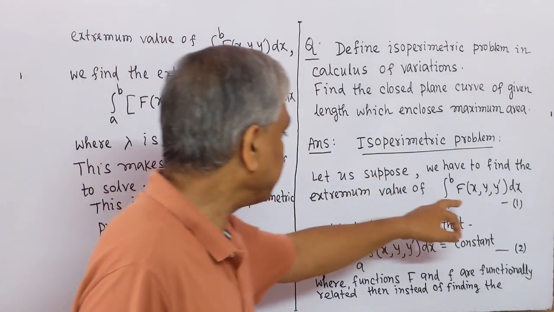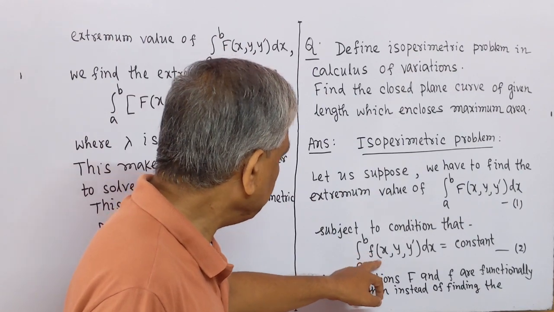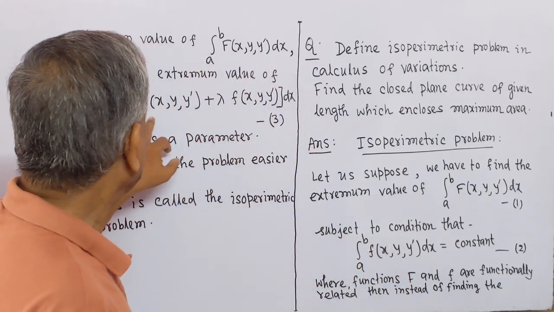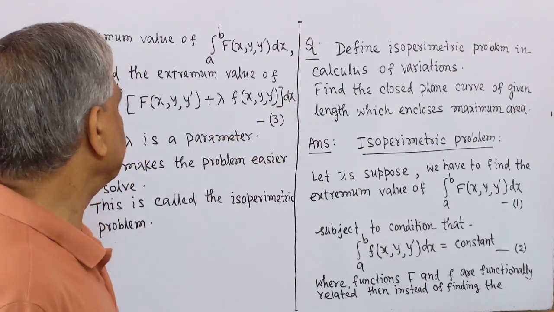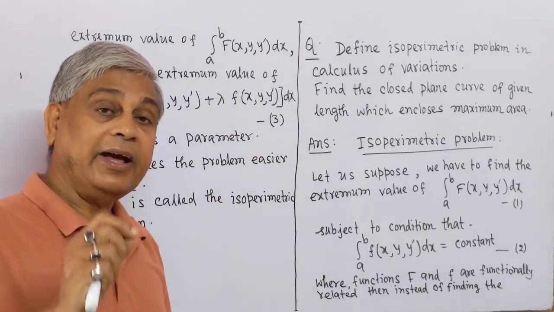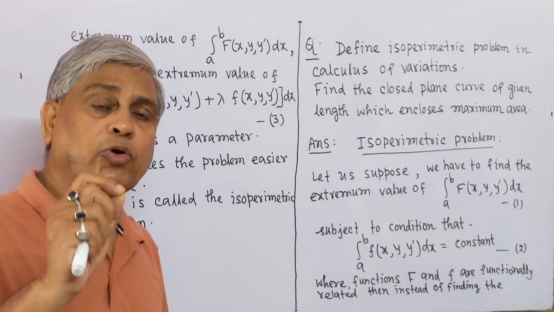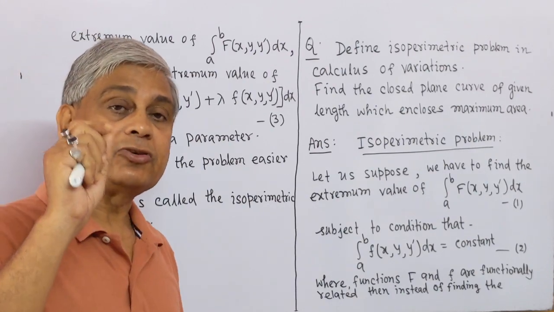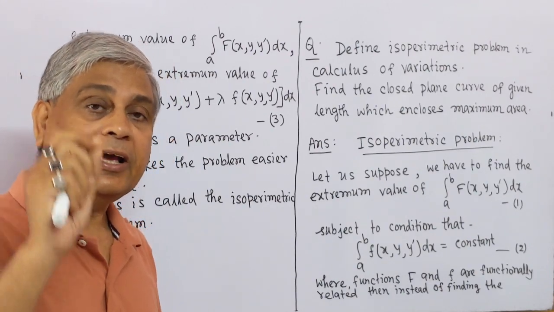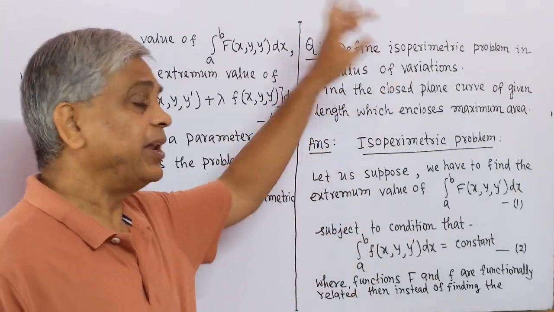Firstly, we write this function plus lambda into this function and dx, where lambda is a parameter. This makes the problem more easier to solve. This concept is called isoperimetric problem in calculus of variations.